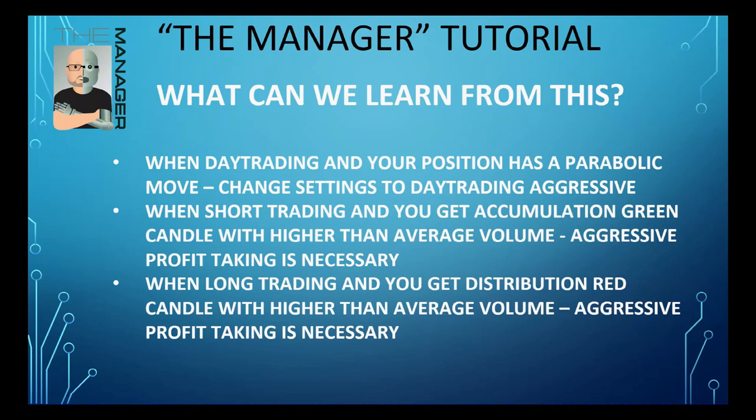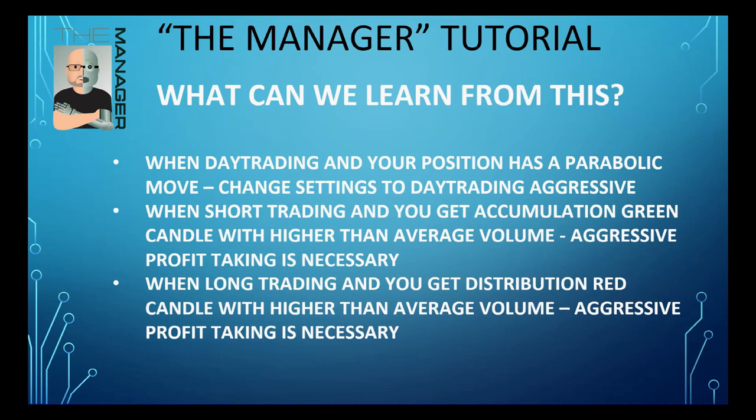Okay, so when you're short trading and you get an accumulation green candle with higher than average volume, aggressive profit taking is necessary. So if you've forgotten to change your cloud settings to aggressive, or you've done that and the cloud is still in the direction of where you're going, and you're going short, you get that accumulation green candle with a higher than average volume with that cyan dot above, you need to be taking profit pretty damn quick, because there's potential for that violent reversal.